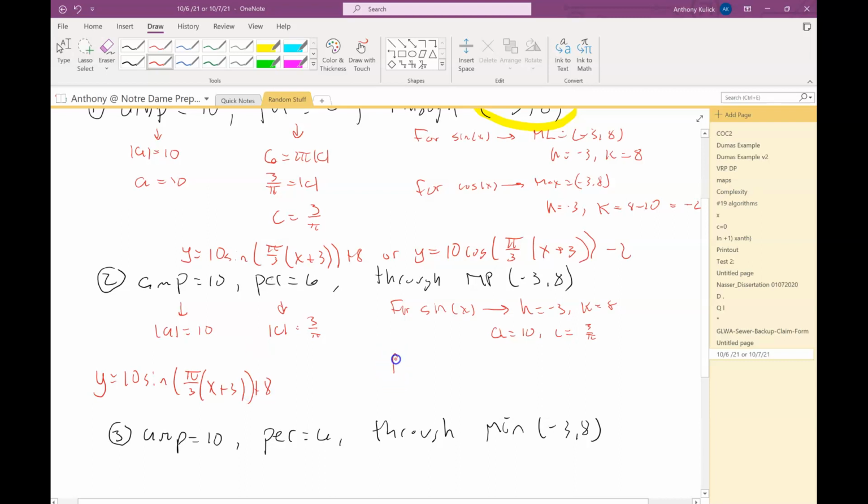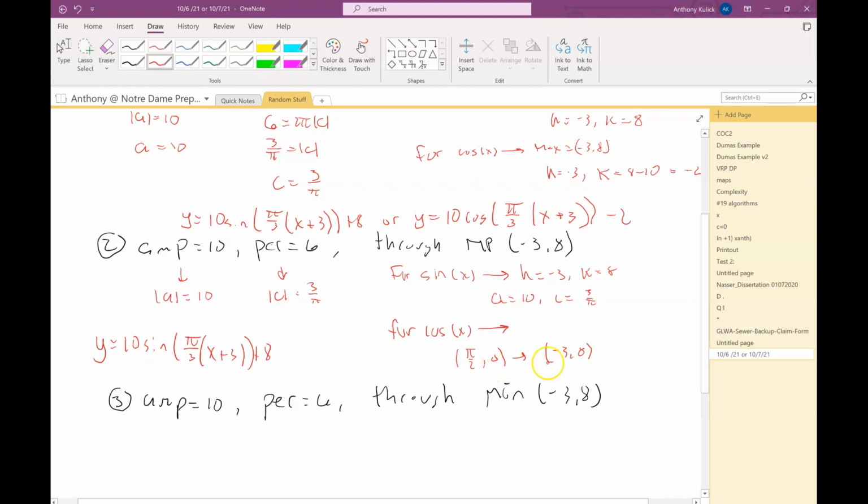The cosine function is going to be a little bit trickier. So my midline point from the parent function of cosine is pi over 2, 0, and that's going to have to go to negative 3, 8.